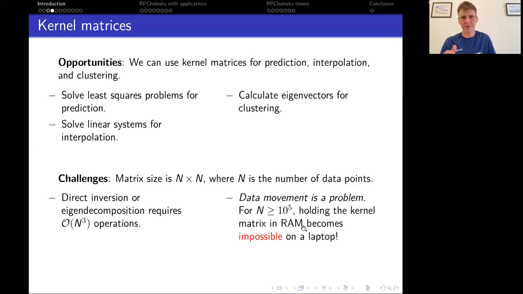You can't hold it in your laptop. You can't generate it in MATLAB or in Python unless you're using some extra program that stores the matrix to disk. And then moving the matrix in and out of disk gets really hard. So think 10 to the 5 is where your system starts to run into difficulties. At least mine does.